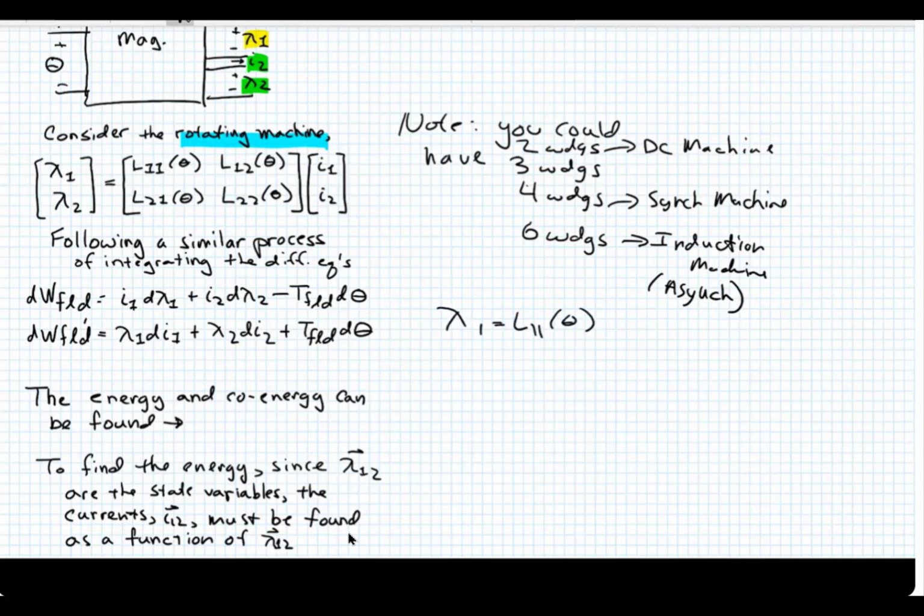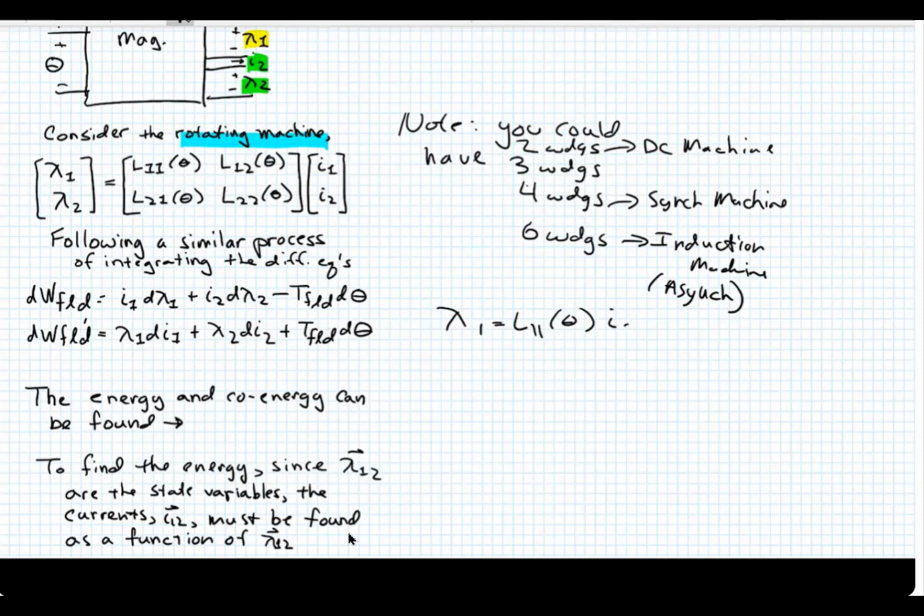Now these inductances, each of them may or may not have a position dependency. But if none of them have a position dependency, then you don't have a motor or a generator. You can't produce torque, or you can't put torque in and get electrical energy out. So at least one of these has to have a position dependency.